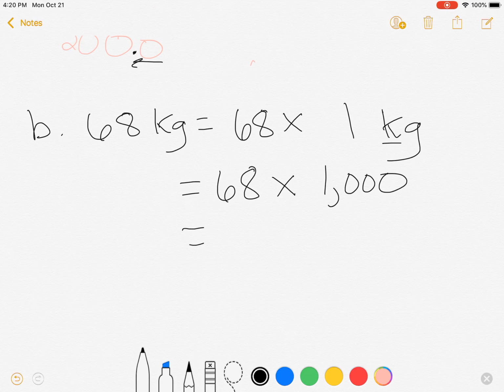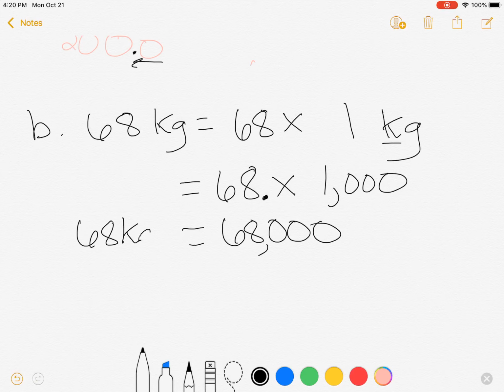Now we're gonna move that decimal. It's after our ones place, so do we really need the decimal? No. Just say goodbye. Add 3 zeros. So 68 kilograms equals 68,000 grams.